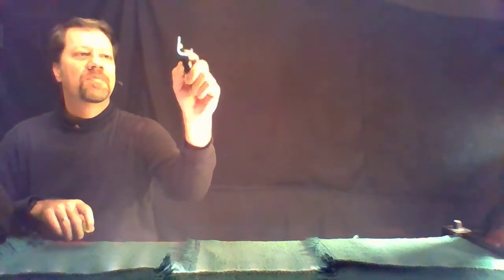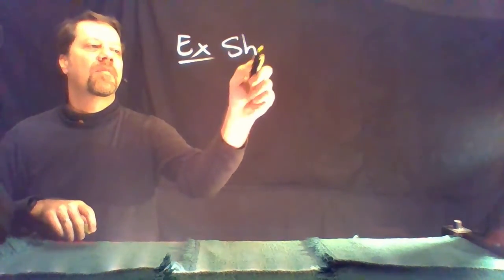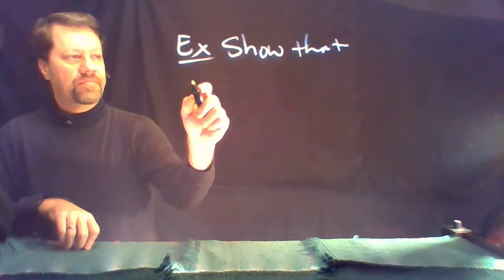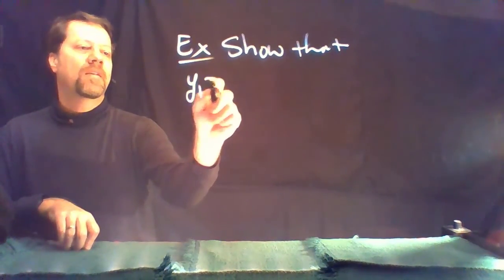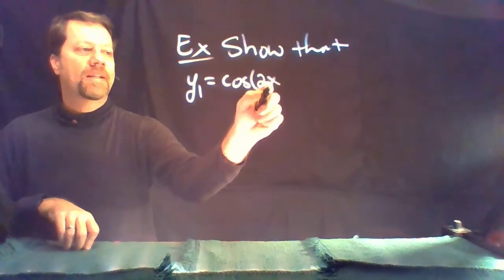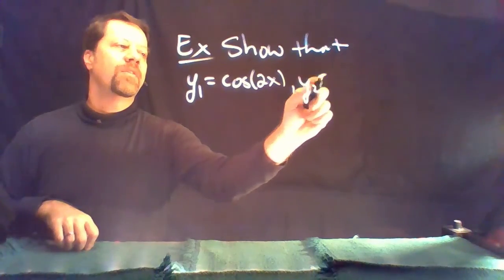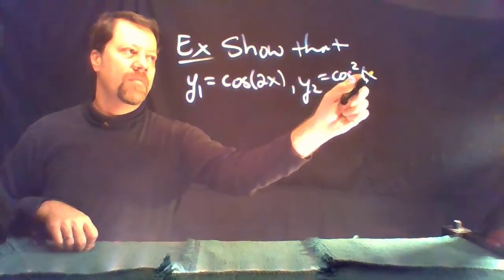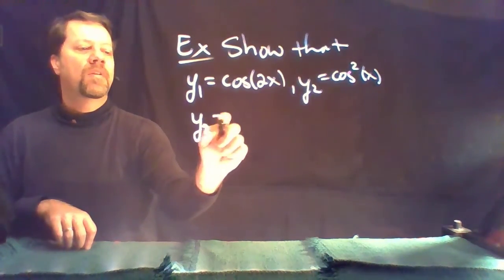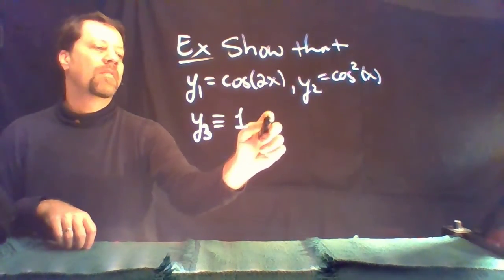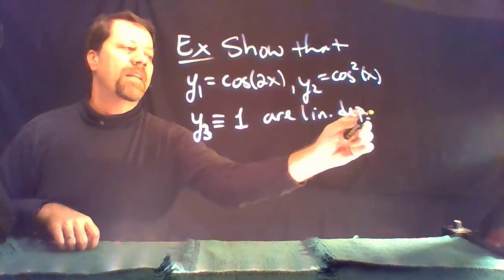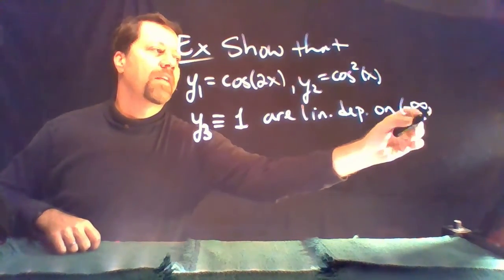For example, show that the functions y1, which is equal to, let's say, cosine of 2x, y2 equals cosine squared of x, and y3, which is identically equal to 1, that these functions are linearly dependent on the entire line.